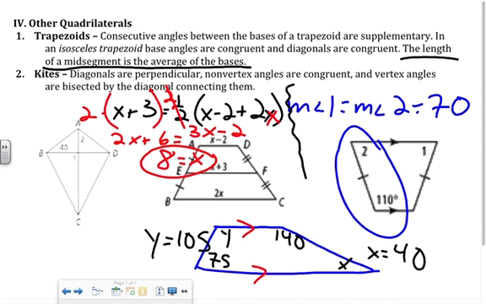Finally, the last kind of quadrilateral to talk about is a kite. The definition of a kite is that it has 2 pairs of consecutive congruent sides. Isn't the kite formula the same as the rhombus? You're thinking area, and you're absolutely right. The formula for the area of a kite is 1/2 diagonal 1 times diagonal 2.